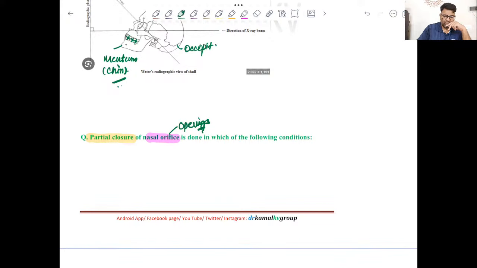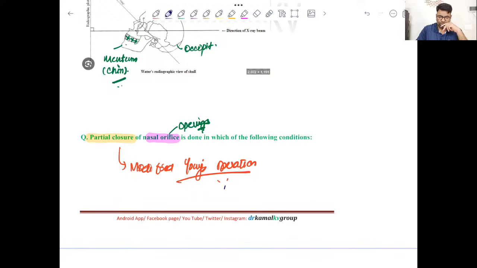This one is actually the modified Young's operation. If we totally close it, that is the Young operation. This is the modified Young operation, and this is done for atrophic rhinitis.